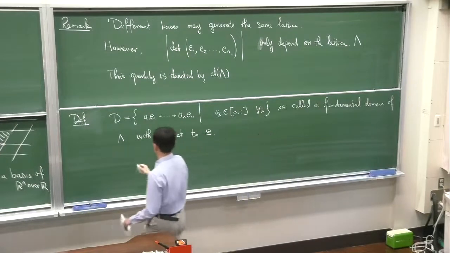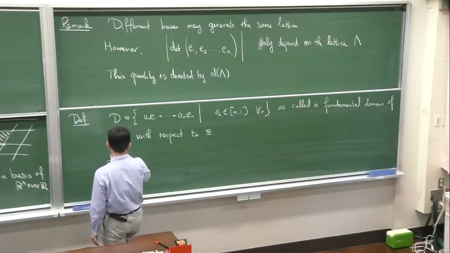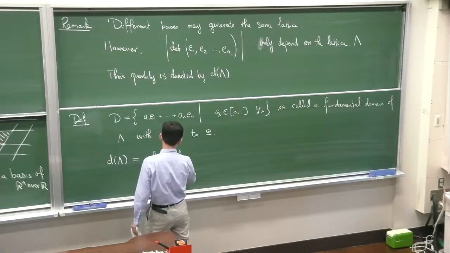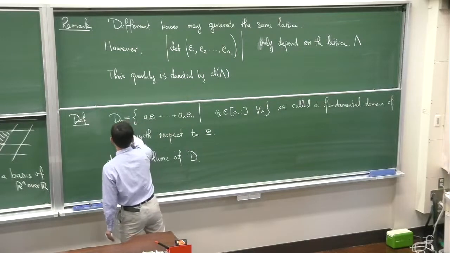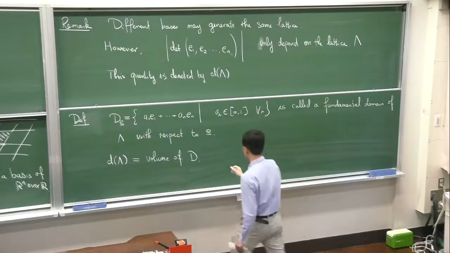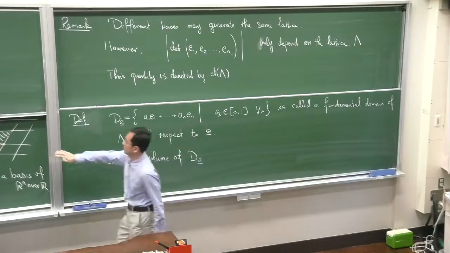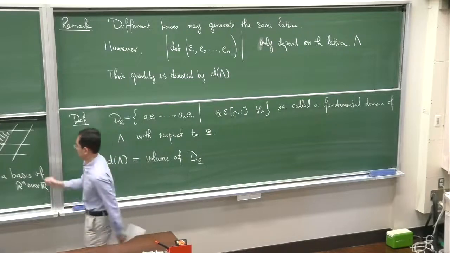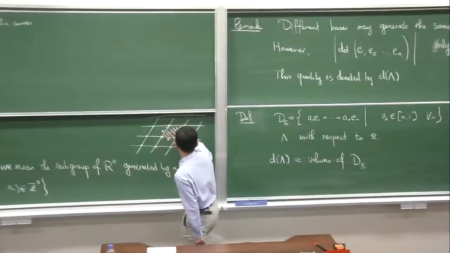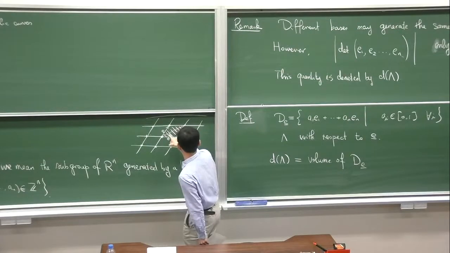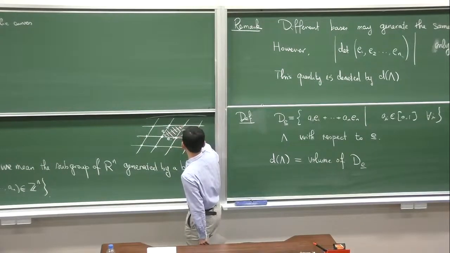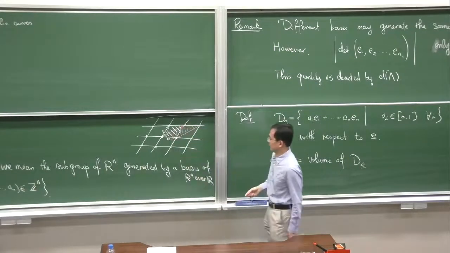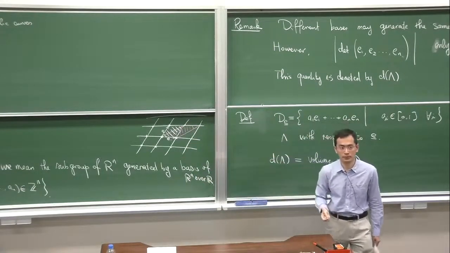And then you find that d(Λ) is just the volume of this fundamental domain D_e. We will see that the volume of this thing does not depend on the choice of the basis which represents the same lattice. For example, if you take these two vectors and find another parallelogram, even though the two parallelograms are different, they have the same volume.